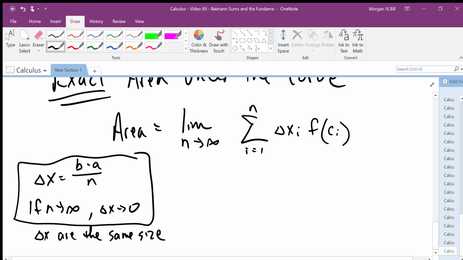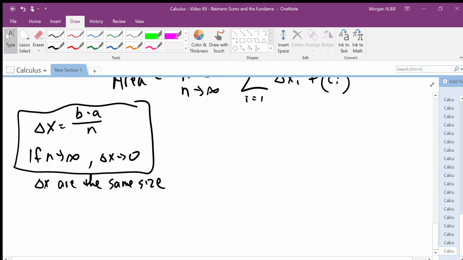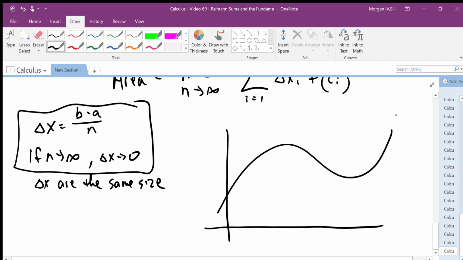But if we allow delta x to be different sizes, we could run into a problem. It's kind of a technicality, but we want to make sure we take care of it. Let's say we have that same sort of function here, and that's f, and I'm going from a to b, and I'm having infinitely many rectangles, but my first rectangle is here, and it stays that big.